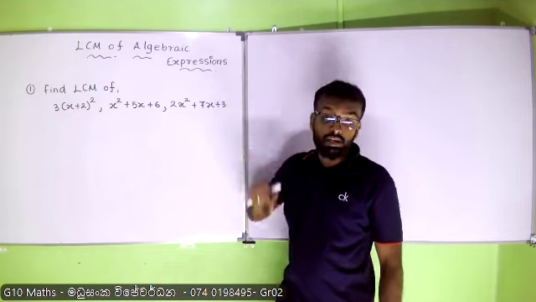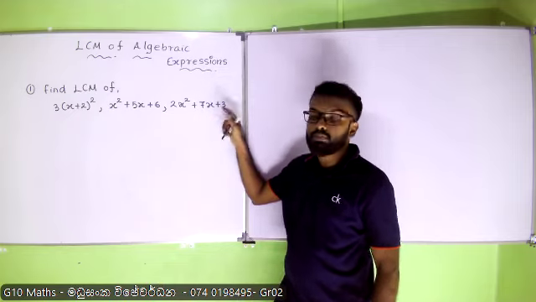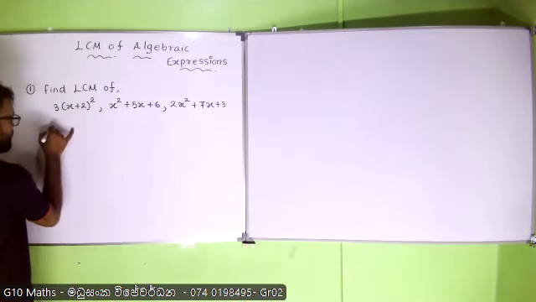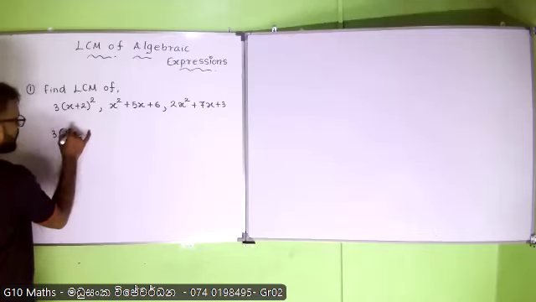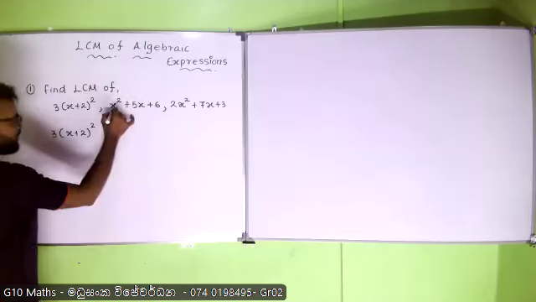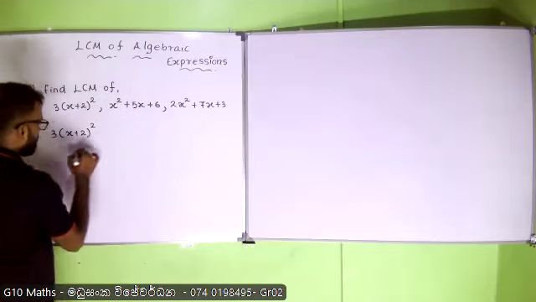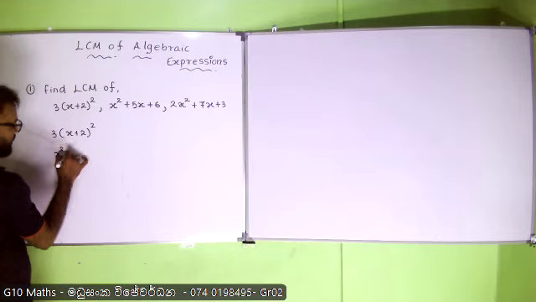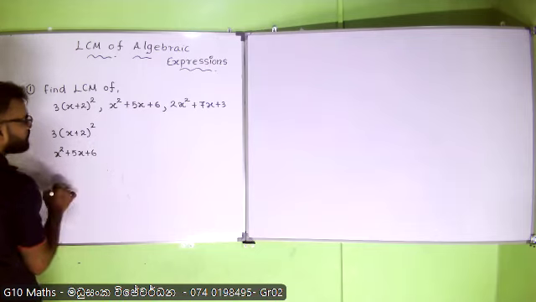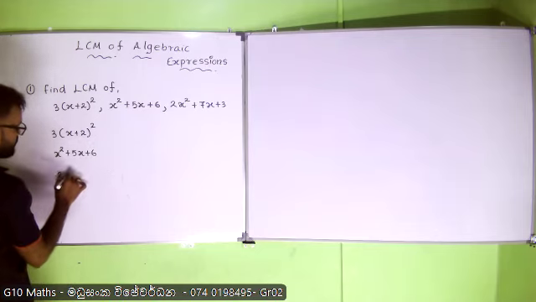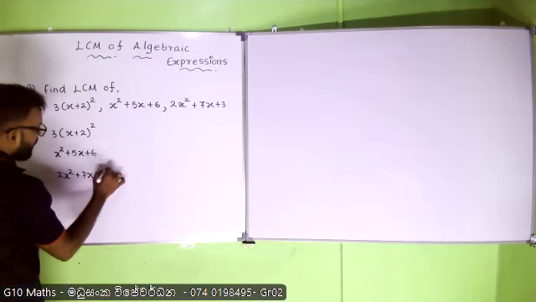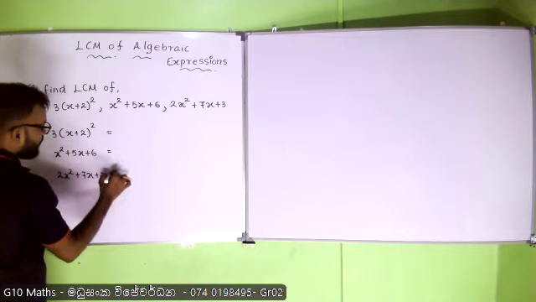We just did it today. 2x to the power 2 plus 7x plus 3. You know how to do the factorization. Please send me the factors of this one and this one. Do it fast.